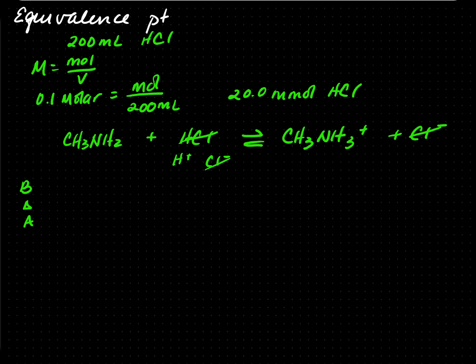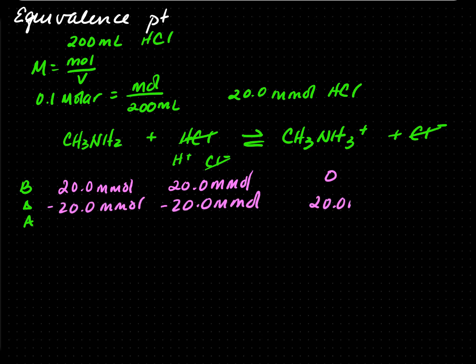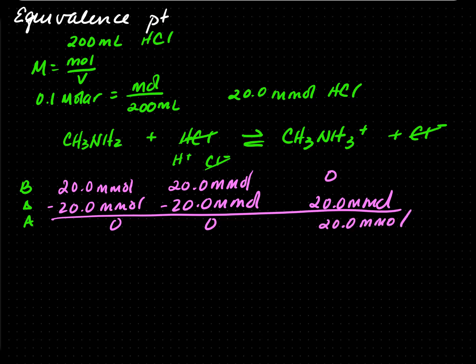Our before amount of the weak base is 20 millimoles. Our HCl we calculated is 20 millimoles. There is no conjugate, so that's 0. If you notice, we have equal amounts of the weak base and the strong acid, so everything is neutralized. Subtract on the left side and add on the right side. Add the before and change. I have 0 of the weak base and the strong acid, and all I have left over is my conjugate. Since we have no weak base or strong acid at this point, we know this is at equivalence.